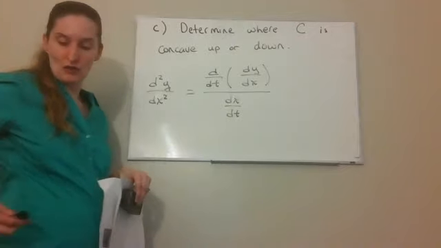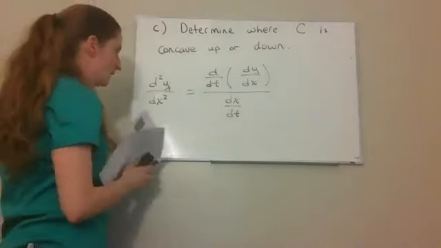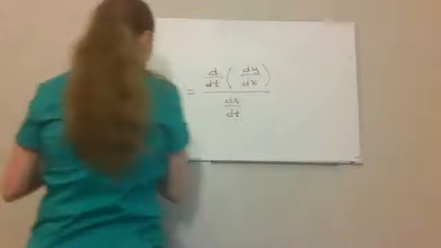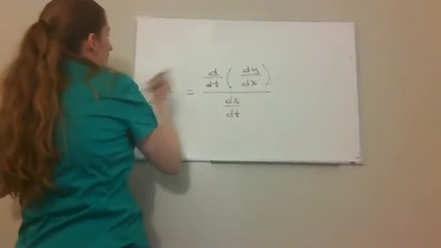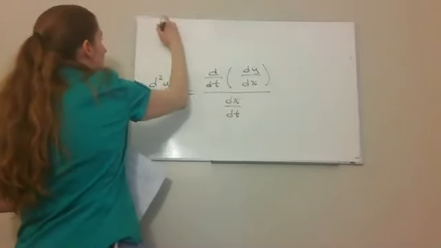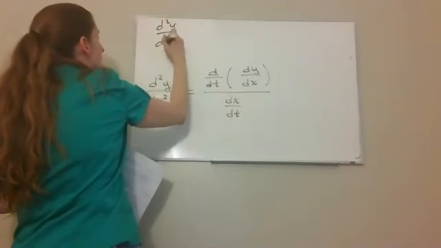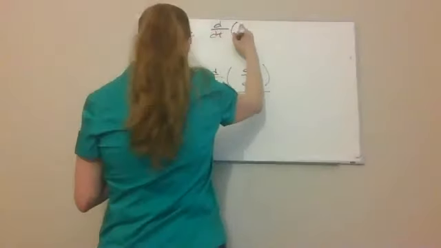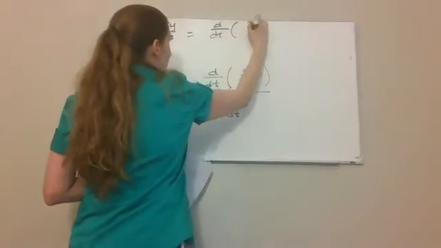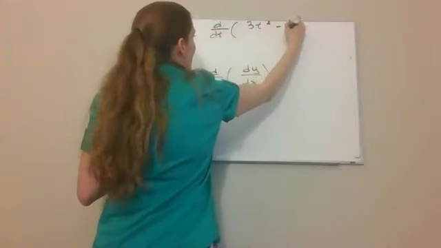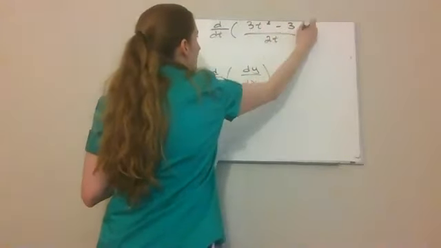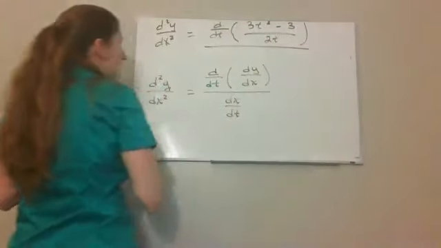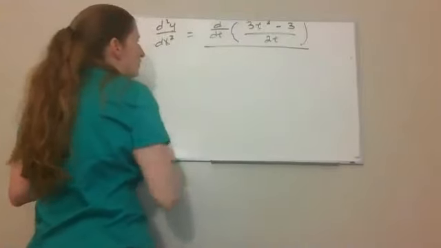So that one we're going to have to use a quotient rule on. Let me write this out. My second derivative is equal to the derivative with respect to t of what I had for my first derivative, (3t squared minus 3) over 2t. I need to take the derivative of that. And then my dx/dt, which is in the denominator, is still 2t.